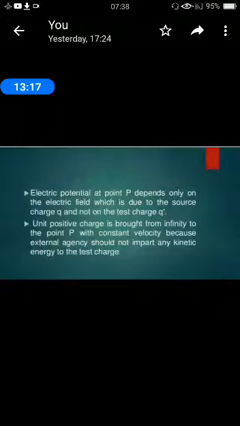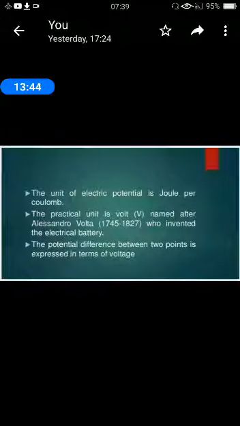It is dependent only on E vector, where E vector is the electric field due to the source charge Q. Second point, the unit positive charge is brought from infinity to the point P with constant velocity because the external agency should not impart any kinetic energy to the test charge.